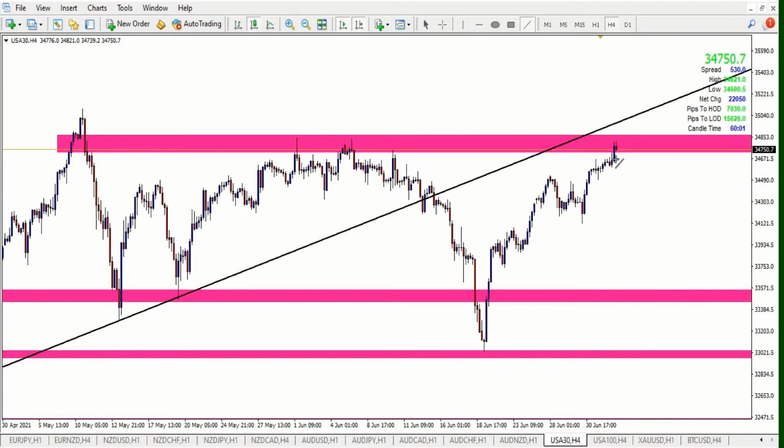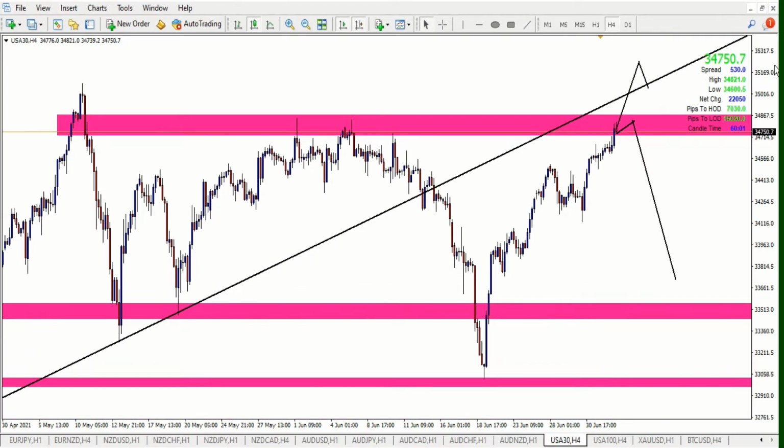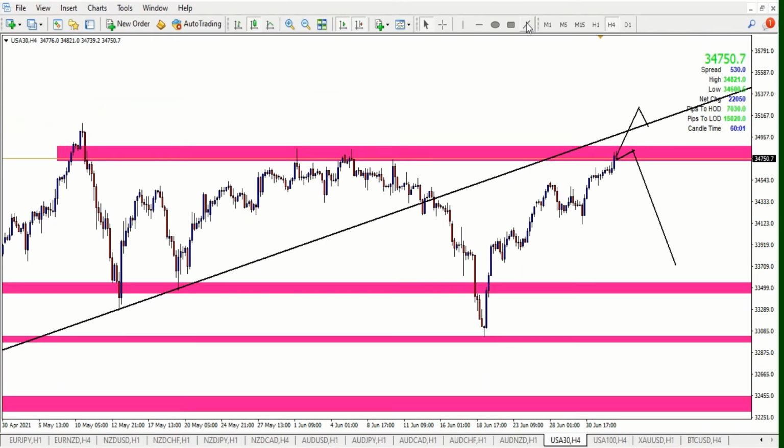So I'm still keeping the same idea that I think it's either going to bounce off and run back down, continuing the broken structure movement back to the downside, or it might come back into this uptrend channel. It might come back to retest, and it might even come back as far as this to retest and then shoot back up.